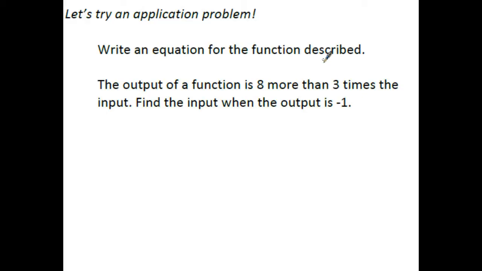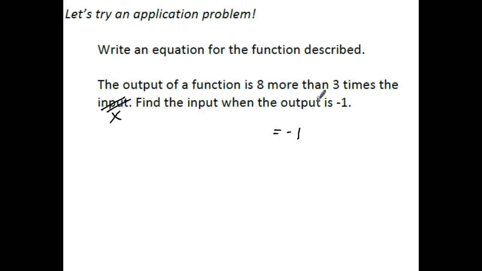Okay, so the output is negative 1. So let's say this whole thing equals negative 1. The output of a function, so all of this, negative 1, is going to be equal to 8 more than 3 times the input. So we'll go ahead and change the input, and let's call that x.